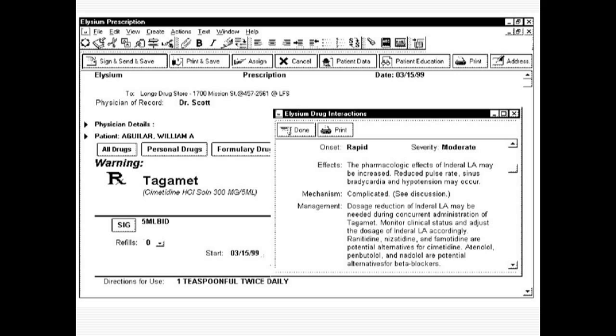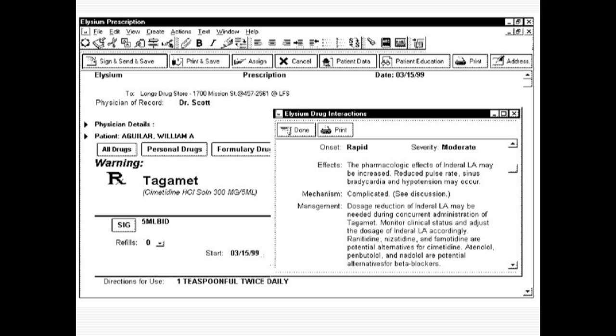How much of the prescription, how many times it is to be taken, how many refills, when to start, the directions for use, how to take it, and any drug interaction, what the onset and severity of that medication will be, what the possible effects could be, what the mechanism of that particular dosage form or interaction could be, and how to manage that drug interaction.